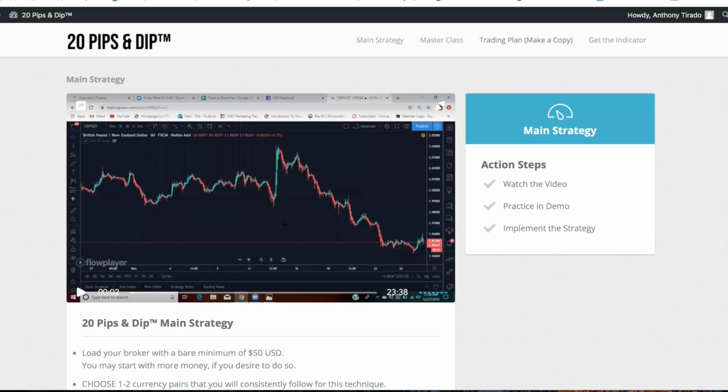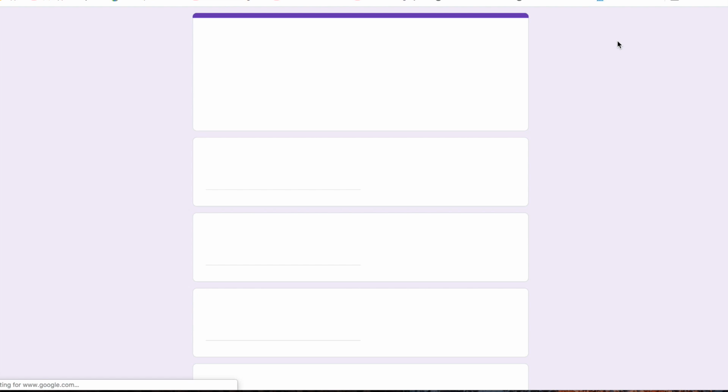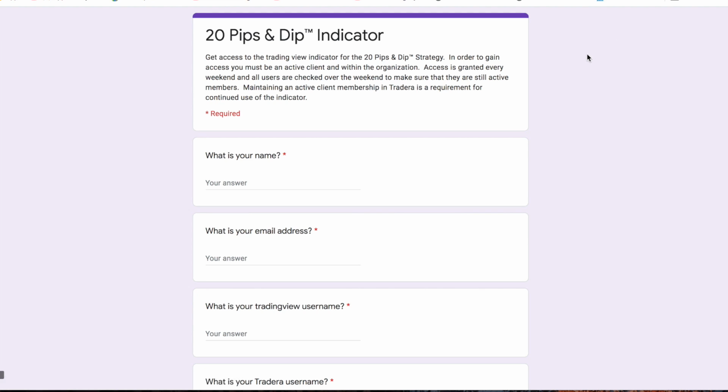So now that you've created a trading plan inside your 20 pip and dip website, we want to make sure that you guys can now access the 20 pip and dip indicator. Once you select Get the Indicator, it's going to take you literally to this form that you need to fill out.